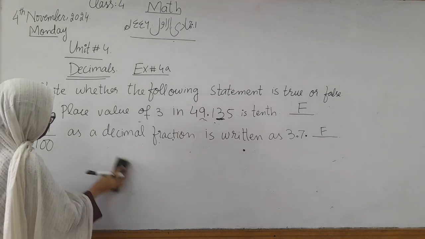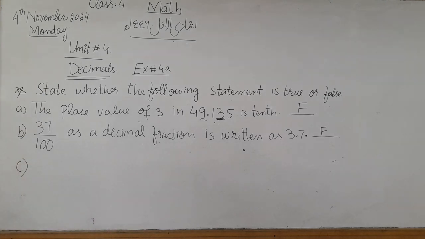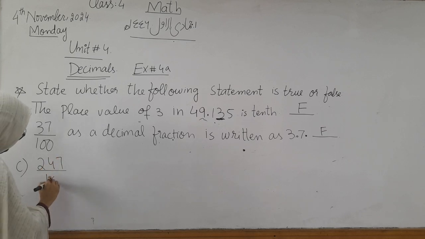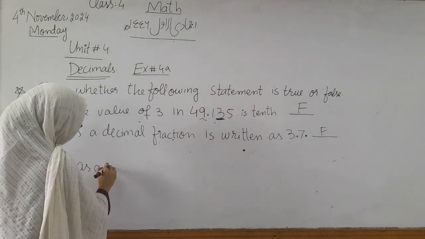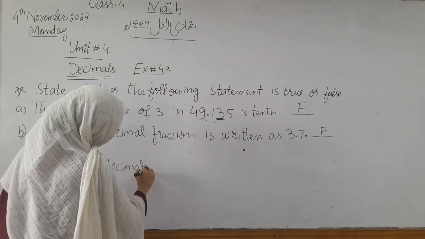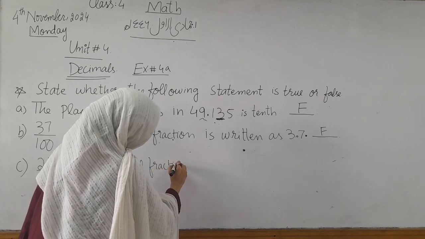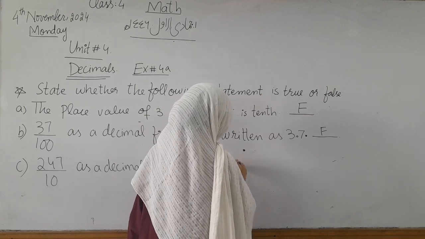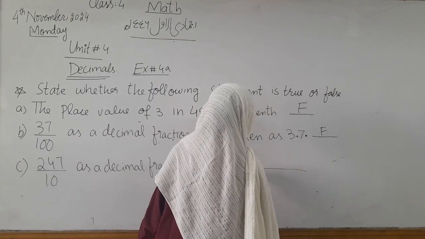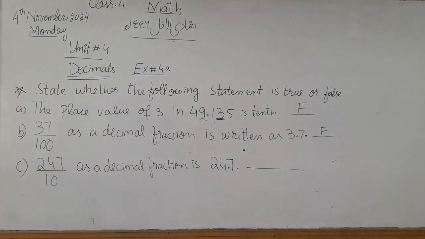Now we have the C part. In C part we have 247 by 10 as a decimal fraction is 24.7.